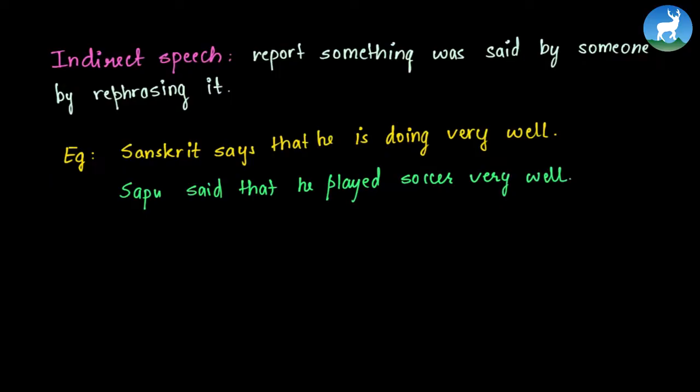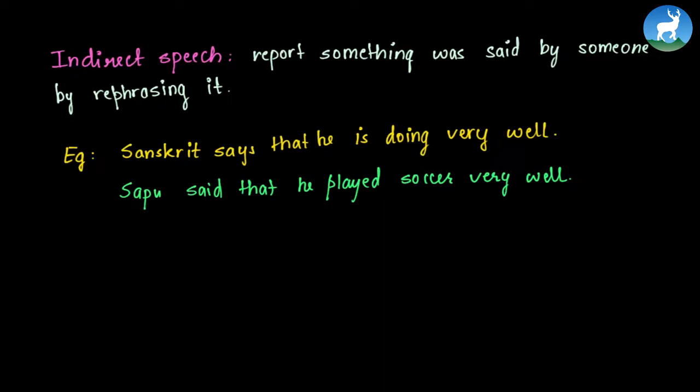We can see that the exact words are removed and the sentence is rephrased in these two examples. Sanskrit says that he is doing very well. Sapu said that he played soccer very well. We are not repeating the exact same words that the speaker has said.